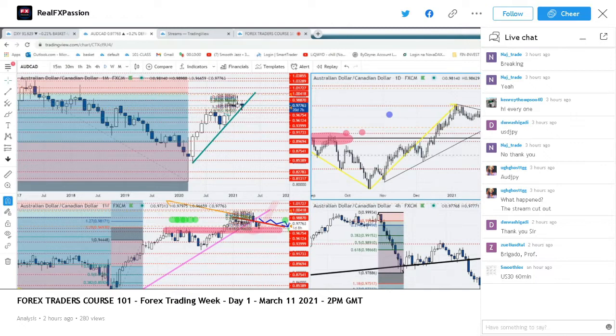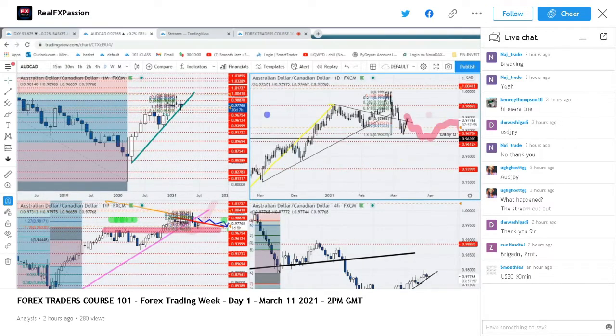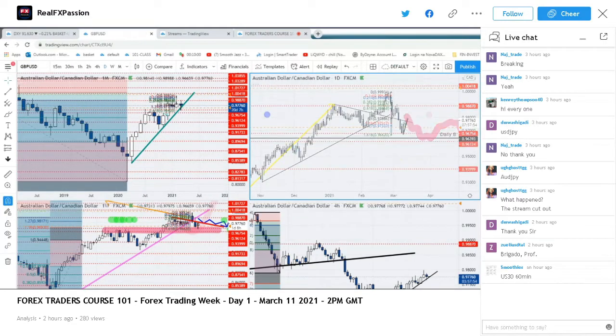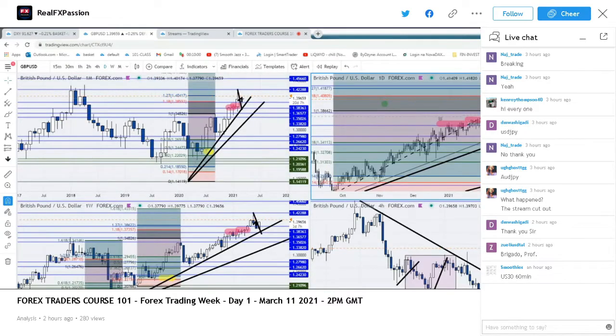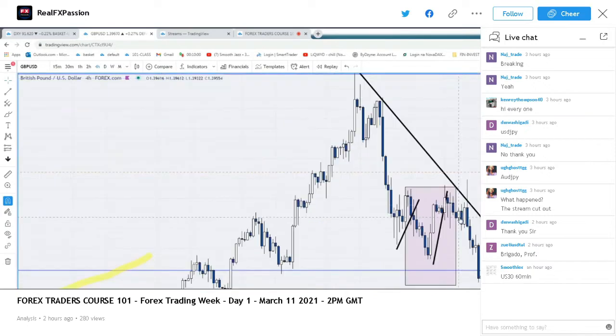DMW, GBP USD, great. What time frame and what is your idea, DMW? So GBP USD, everybody, double click GBP USD, time frame, 1 hour chart. Okay, 1 hour chart. This is 4 hour.